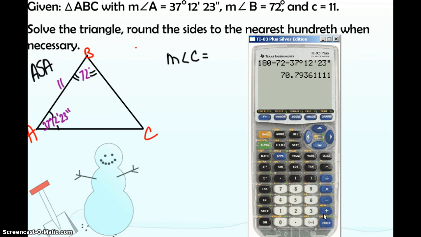And then press enter. Well, that gave us a decimal. However, we want this to look a little bit different. I want it in degrees, minutes, and seconds, so I want to hit second angle, translate to degrees, minutes, seconds, and press enter. So 70 degrees, 47 minutes, and 37 seconds.